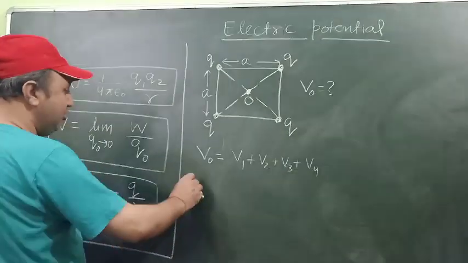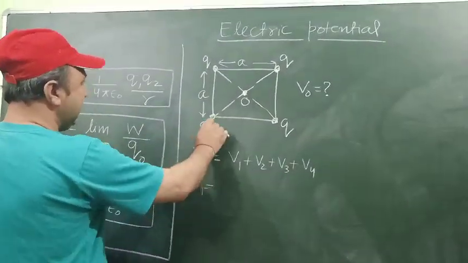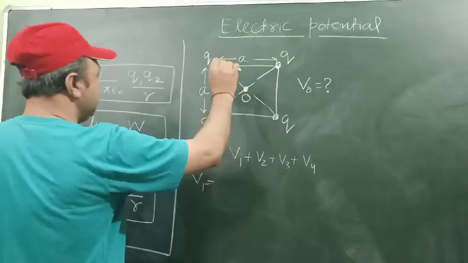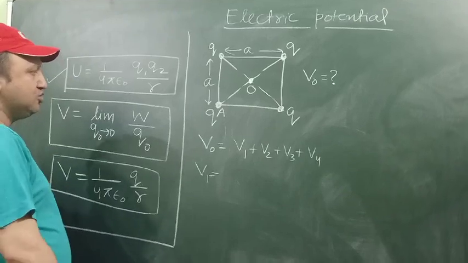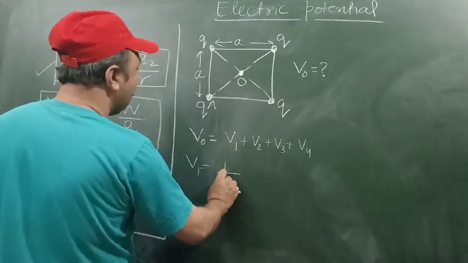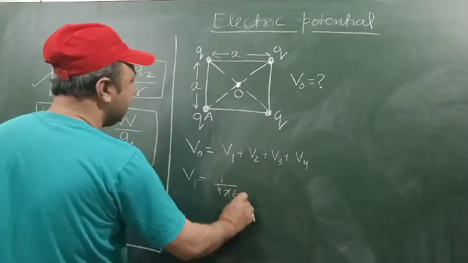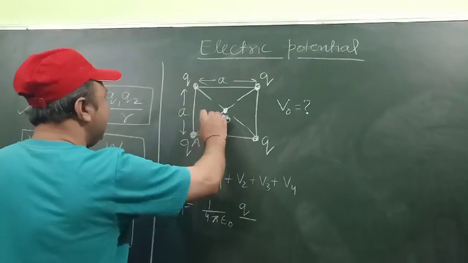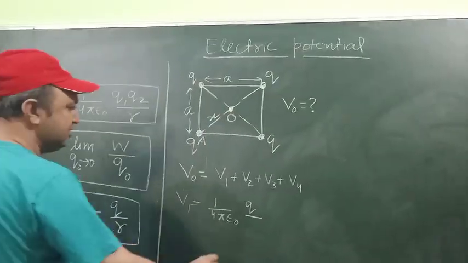And what would be the value of V1? Suppose I name this point as A, and it produces a potential V1 over here. So potential V1 because of this charge will be equal to 1 upon 4 pi epsilon naught q over, let me name this distance as x, so q upon x.